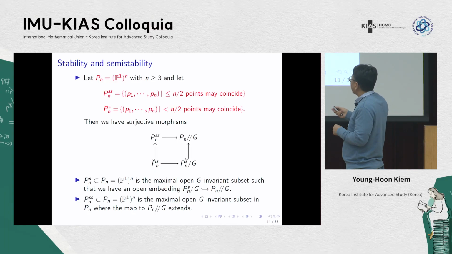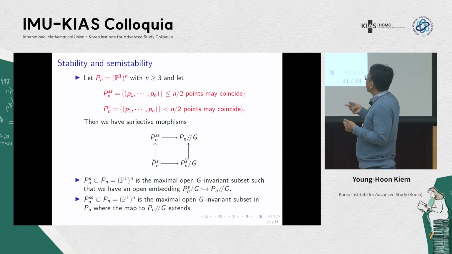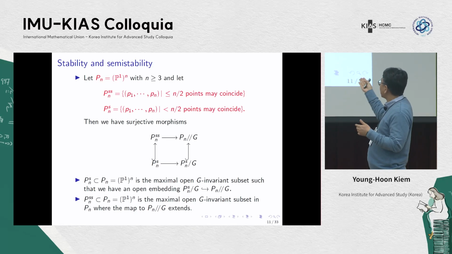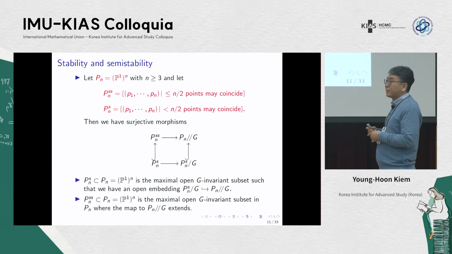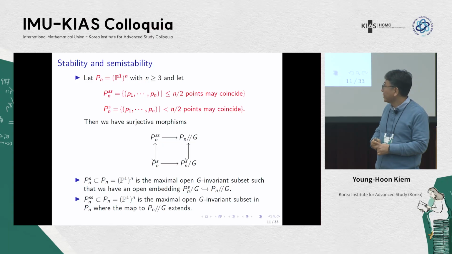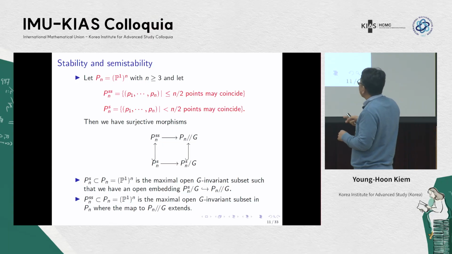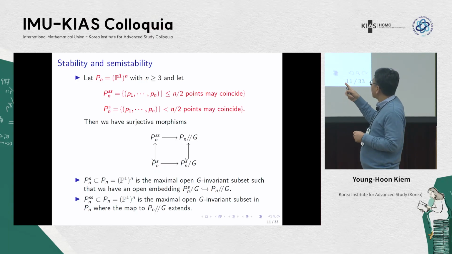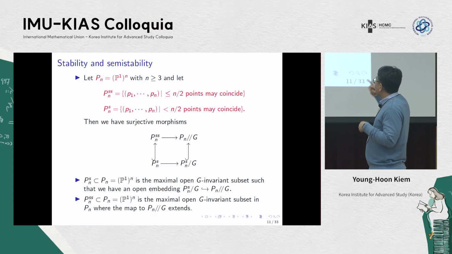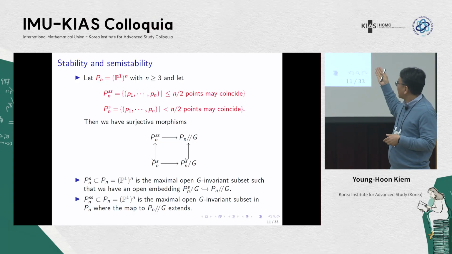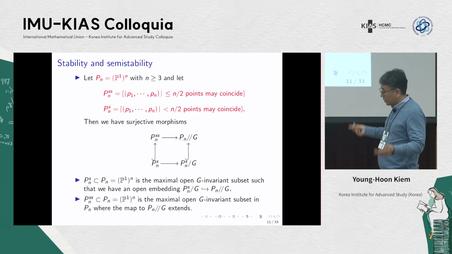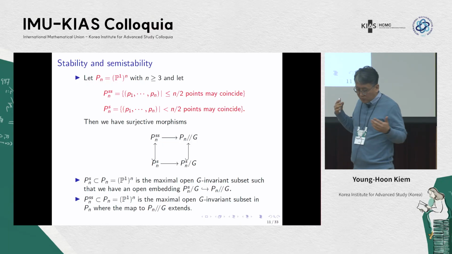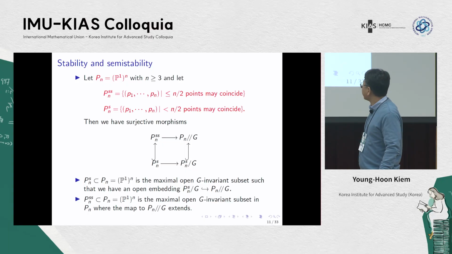Then Mumford GIT says that we have a surjective map from the set of semi-stable points, this open set in Pn, to the projective variety we have constructed using classical invariant theory. And inside PnSS, we have PnS, the stable part. If you think about the image of the stable part, this image inside Pn mod mod G, the GIT quotient, turns out to be an orbit space, the set of all the orbits in the stable part.